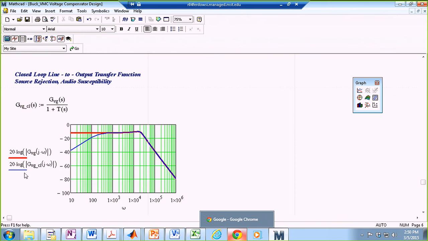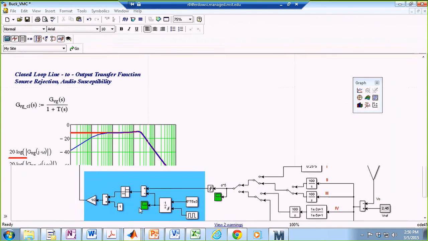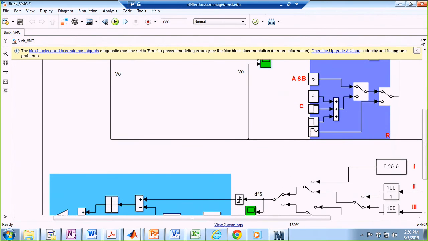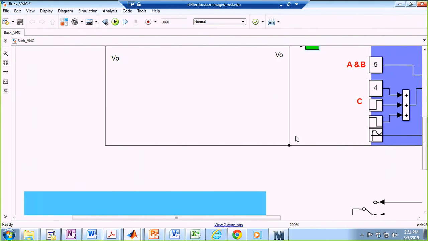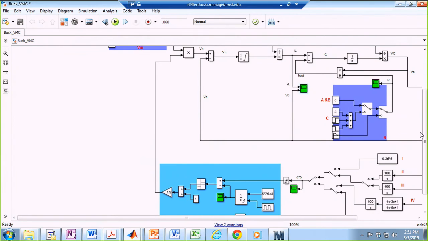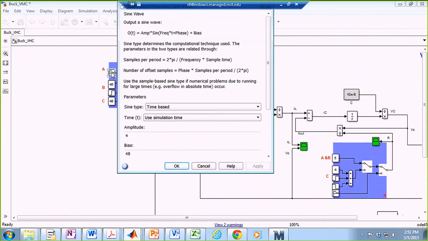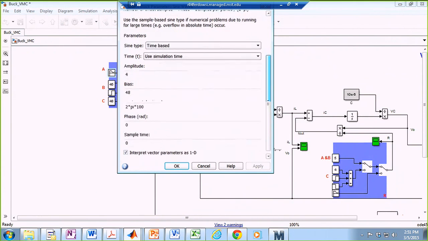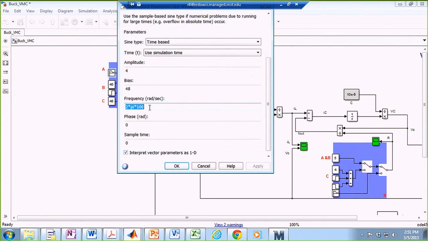But my fluctuations in the input voltage are happening at 100 hertz, right? I was perturbing my input voltage at 100 hertz. Okay, this is at 100 hertz.